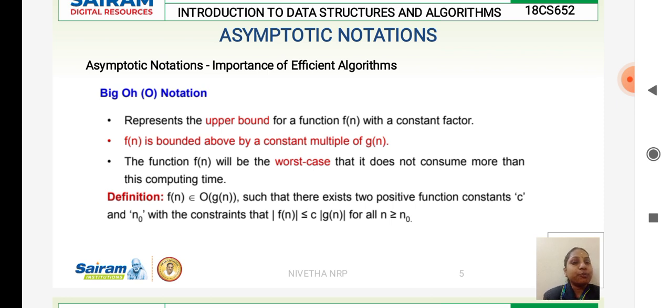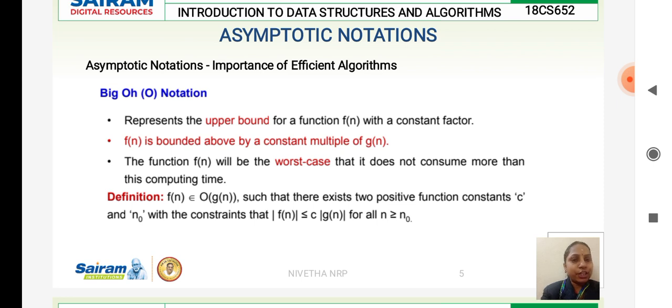It will be consuming more time and will not be capable of producing the output within the assumed time, and it will not be able to stay within the memory space that has been allocated to it. In this case we call it an upper bound, when the bound lies above the range specified in terms of time and memory.